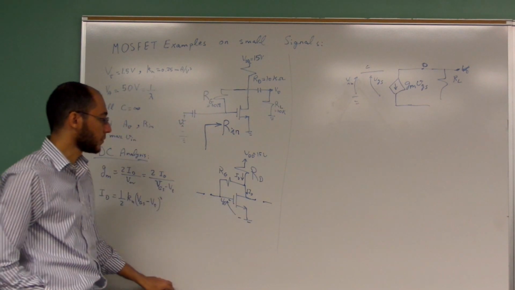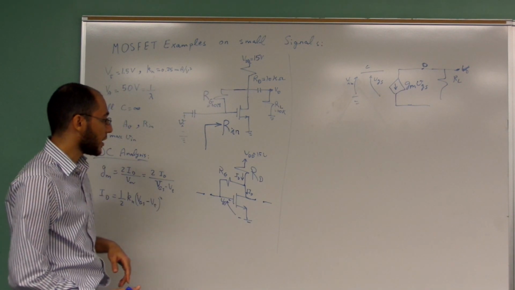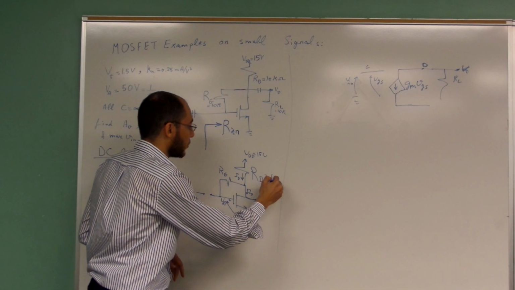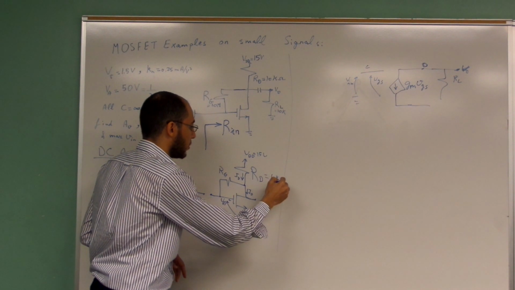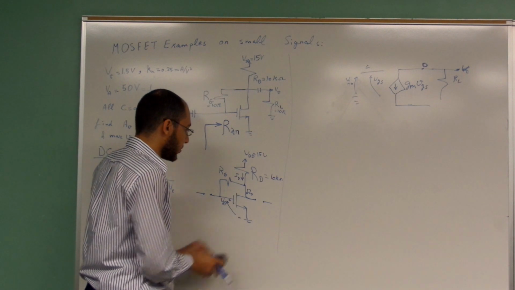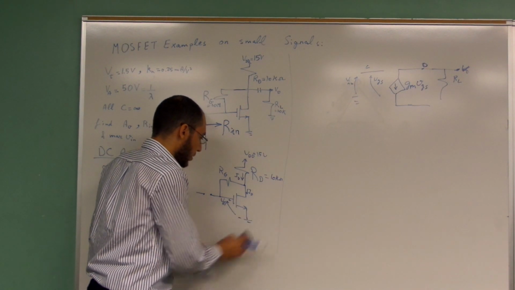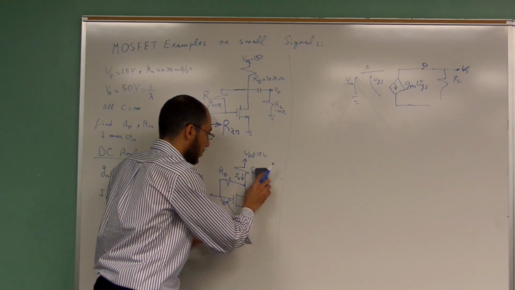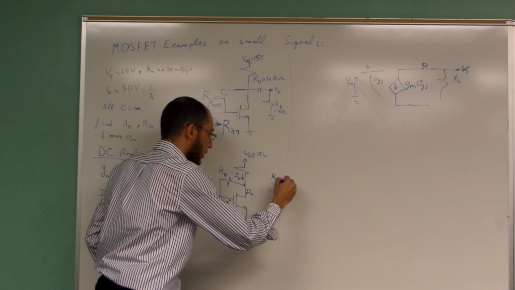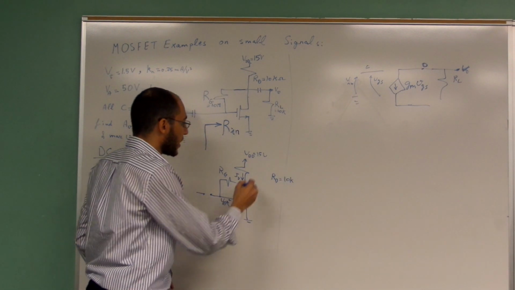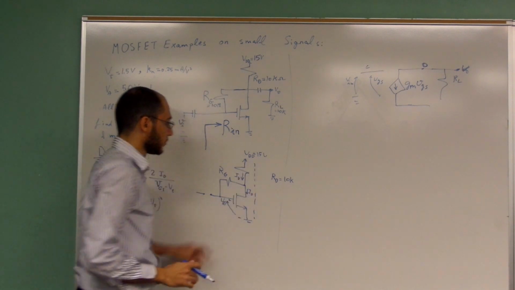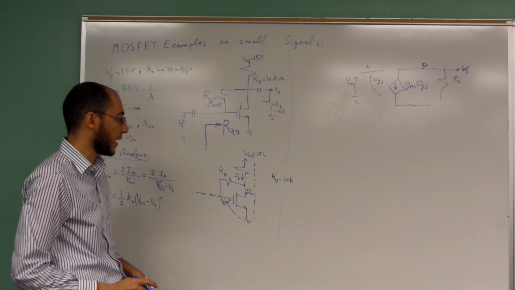And RD equals 10 kilo ohms. I'm going to take KVL in this loop. This is the loop that I'm going to take KVL at.